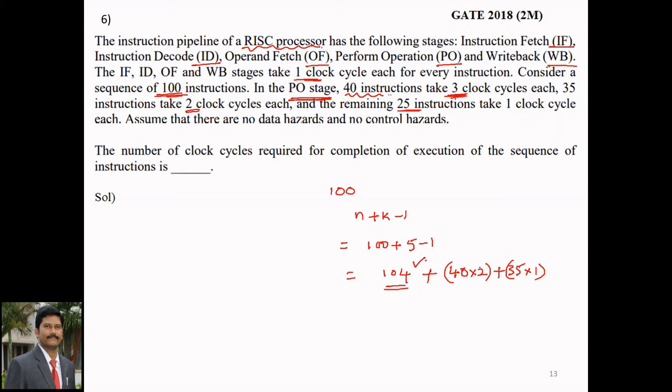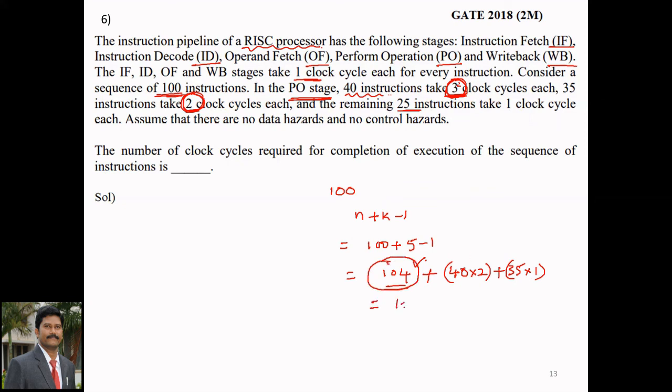So the extra clock cycles are here 2 clock cycles, here 1 clock cycle extra. That means here 3 minus 1, that is the meaning. Here 2 minus 1, because already 1 clock cycle is considered. So the extra clock cycles are 40 into 2, 35 into 1.